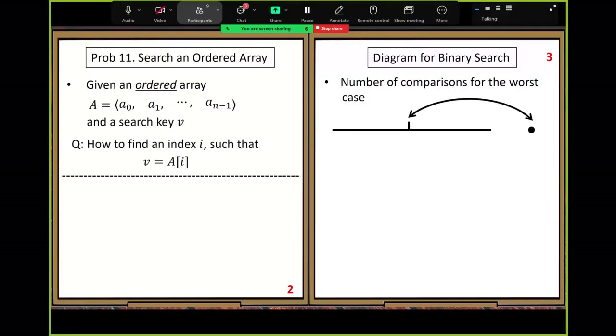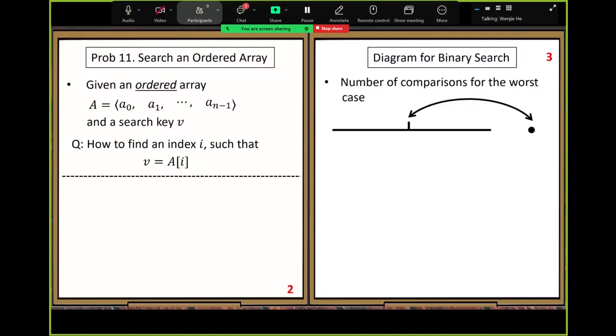So now we want to do all the possible comparisons. We need to split the given array many times, and we want to see what is the last comparison. Here we need to determine the last comparison.